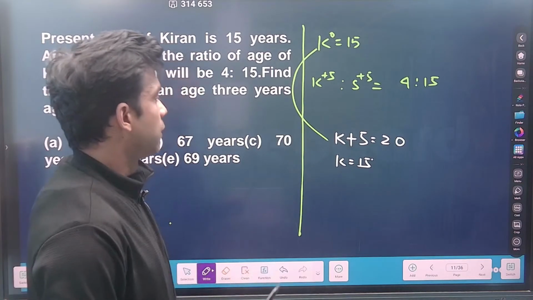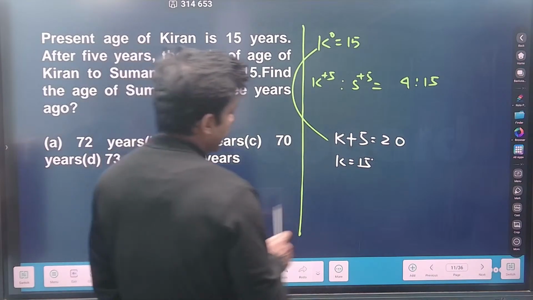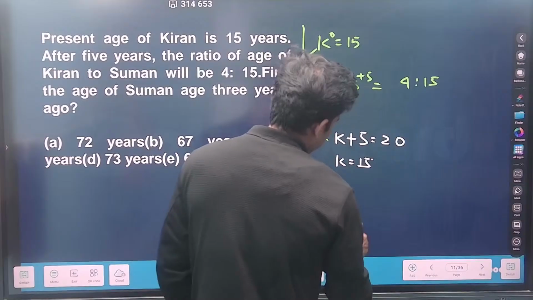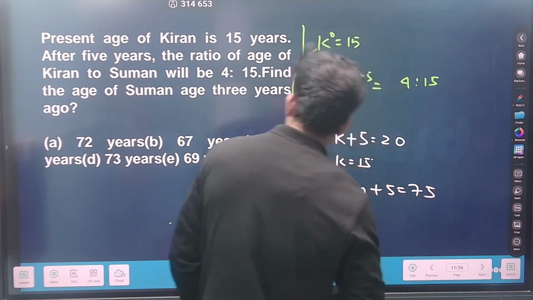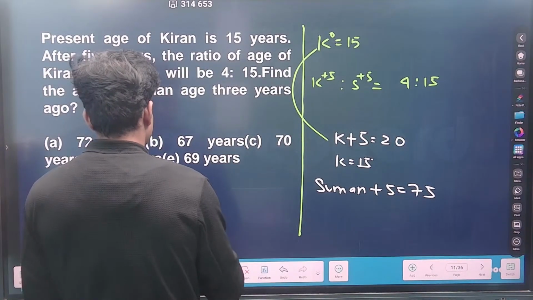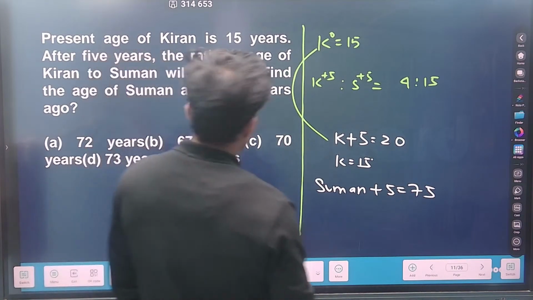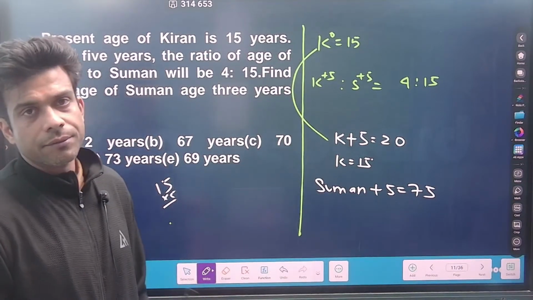Now see the point, if I need to take out Suman's age, then Suman plus 5, can Suman plus 5 equal 75? Come on. Can Suman be 75?